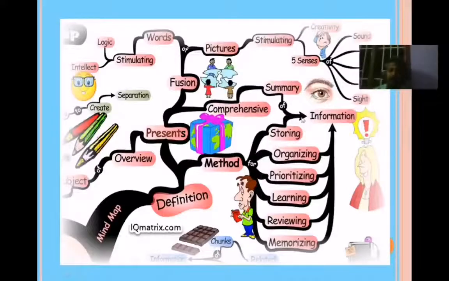It presents a comprehensive summary of information, and it presents a fusion of pictures. Why? For the purpose of stimulating your creativity, or stimulating your five senses. Or mind mapping can present a fusion of words. What for? Either for stimulating your logic or stimulating your intent. So this small mind map tells what are the purposes or what is the meaning of a mind map.